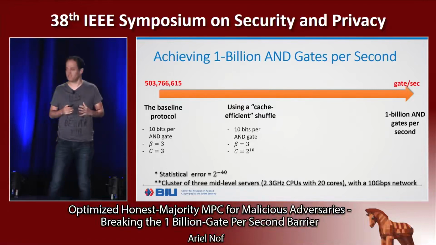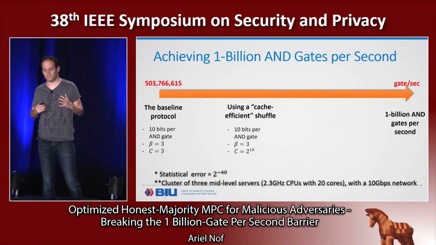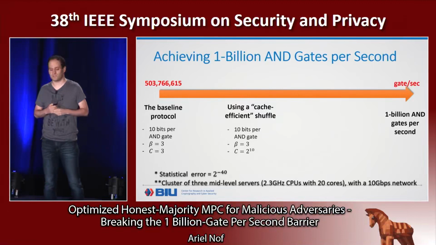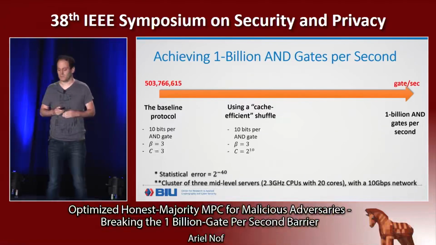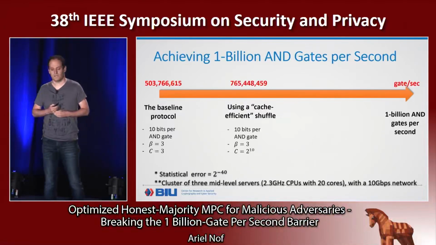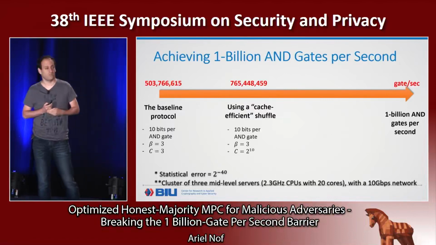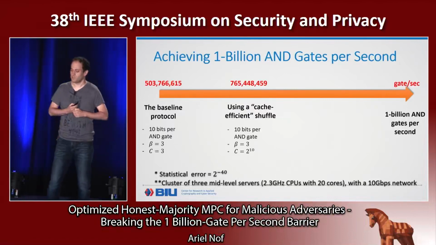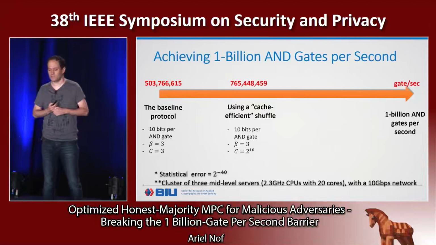But this is not very significant. We generate 1,000,000 triples, so opening 1,000 triples is not significant. With this optimization, we managed to increase the throughput by 25%. So we are getting close to our goal of achieving 1 billion AND gates per second.